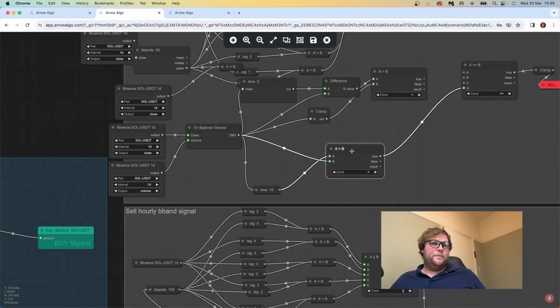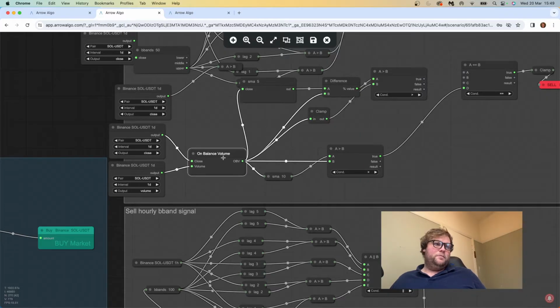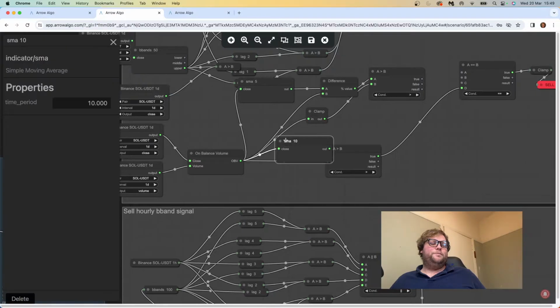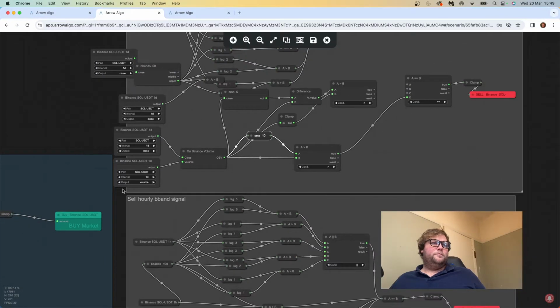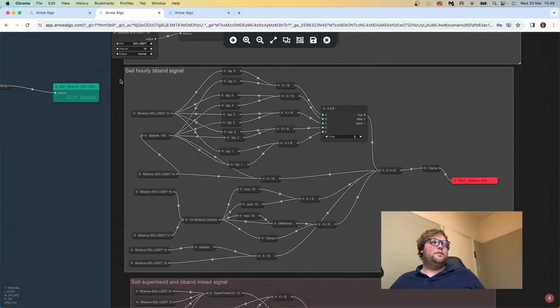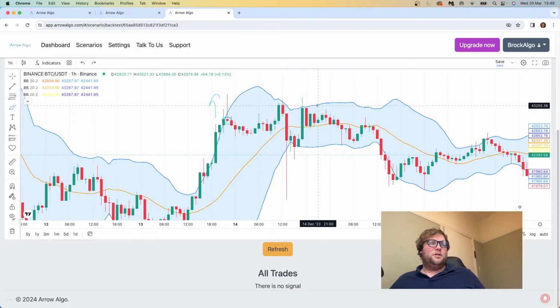And then for part D, again we're looking at OBV, but we're looking at its 10-period moving average and checking simply whether it is below. So again, we're seeing volume coming off the asset, and we're seeing a falling trend in volume, which would be a signal that the price is now starting to come back down again.